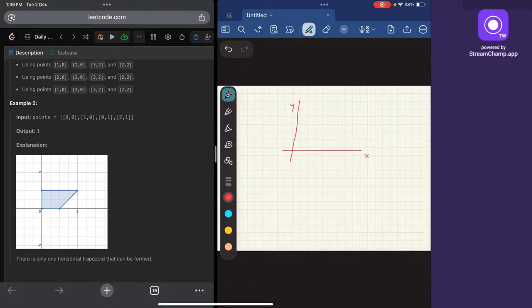We have (0,0), a point A, and another (1,0), B. C is at (0,1), on the y-axis.